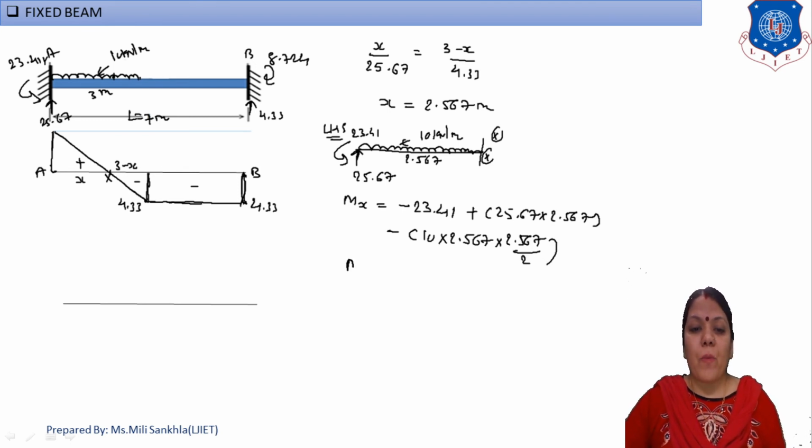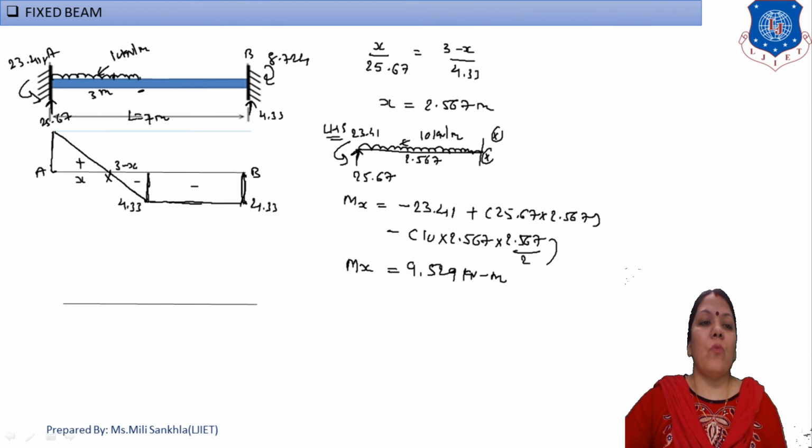My moment at x is equal to 9.529 kilonewton meter.